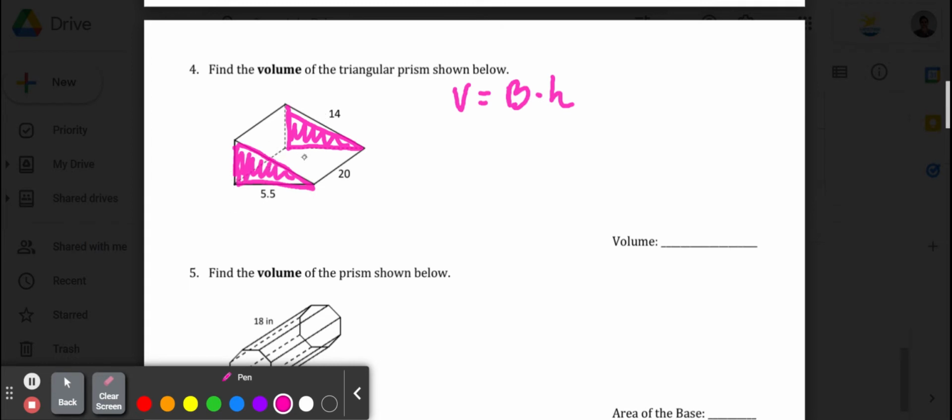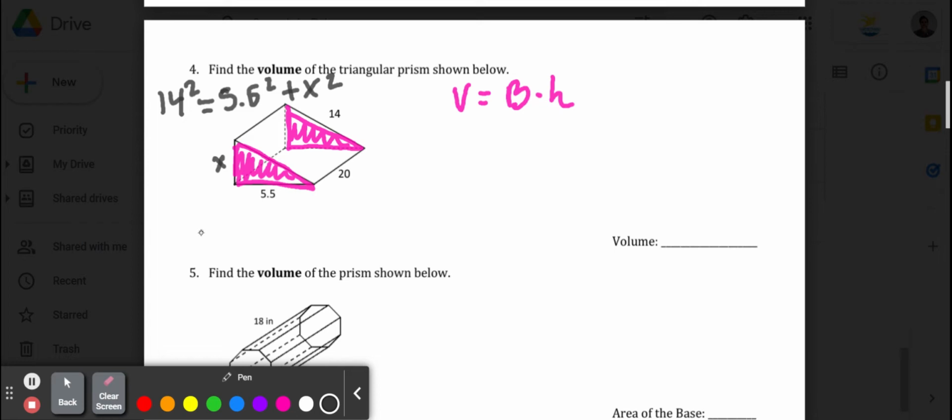I know that this is 14 and 5.5, so I'm going to have to use Pythagorean theorem again. So Pythagorean theorem, we have 14 squared equals 5.5 squared plus, we'll call this x squared. And so 14 squared is 196, and I'm going to subtract that 5.5 squared.